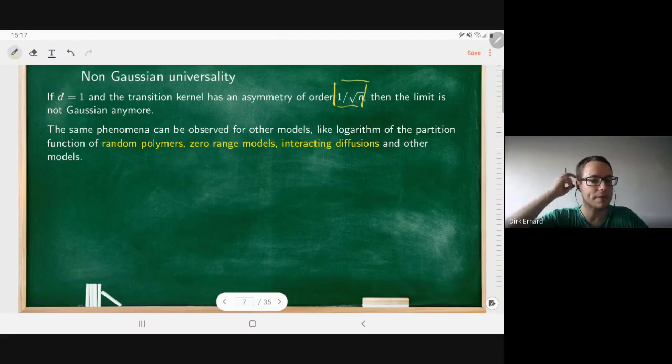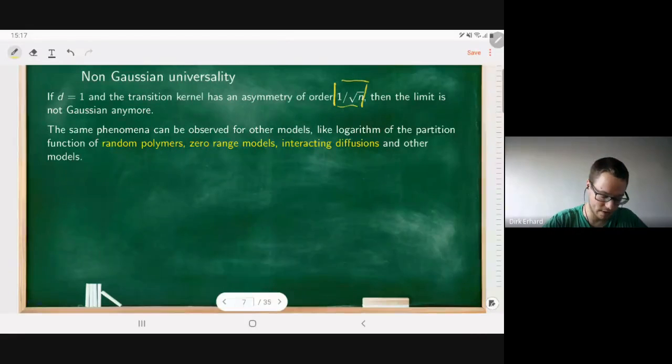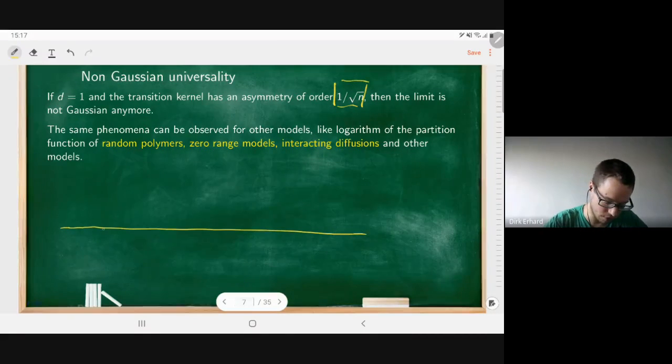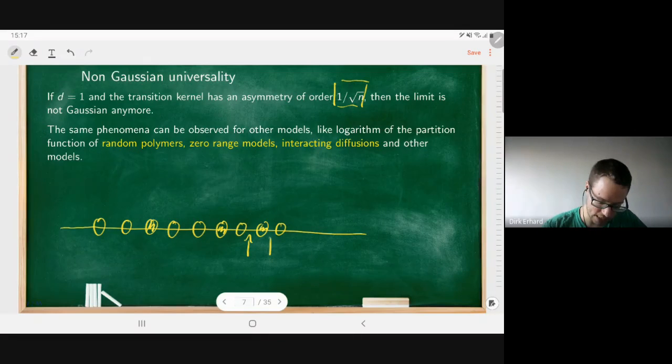So just to be clear, what do I mean by asymmetry of order 1 over square root of n? If you recall this picture of the exclusion process, with a guy here, a guy here, and a guy here, I was saying that they jump here and here with exponential clocks, and here and here with exponential clocks.